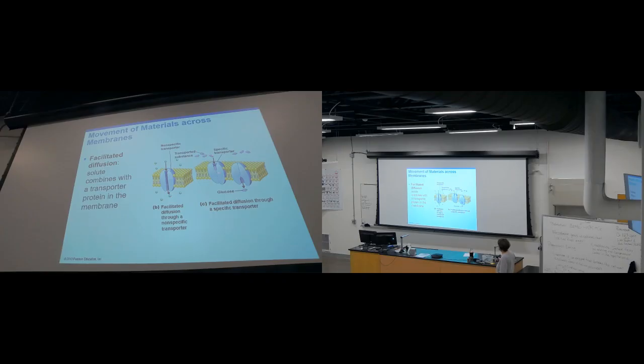This can be a glucose transporter. And there is a space on the top of this channel that allows this glucose to fill in here, and then the channel will open in this space, and then it will free up the glucose.